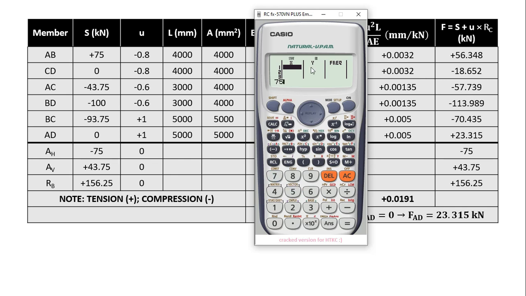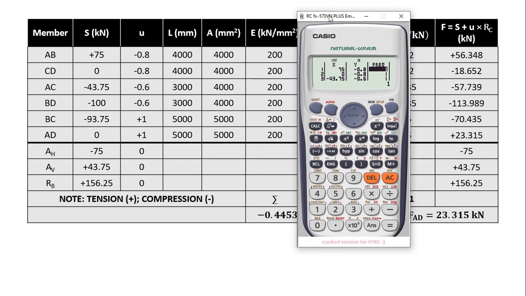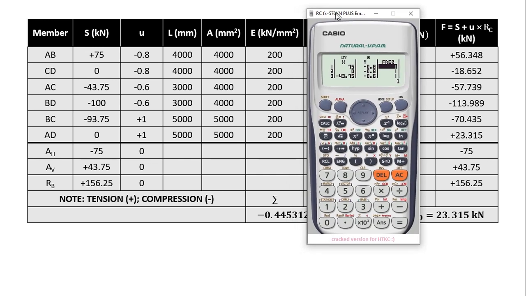Okay, so 75, 0, negative 43.75, negative 100, negative 93.75, 0. Then sa Y, yung U, negative 0.8, negative 0.8, negative 0.6, negative 0.6, 1, and then 1. Sa frequency naman, ang ilalagay po natin is L over AE. So, itong tatlong to.